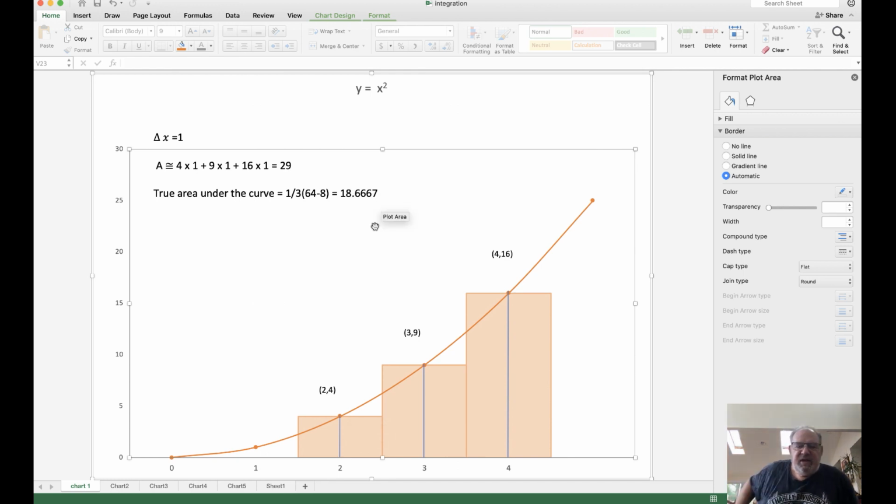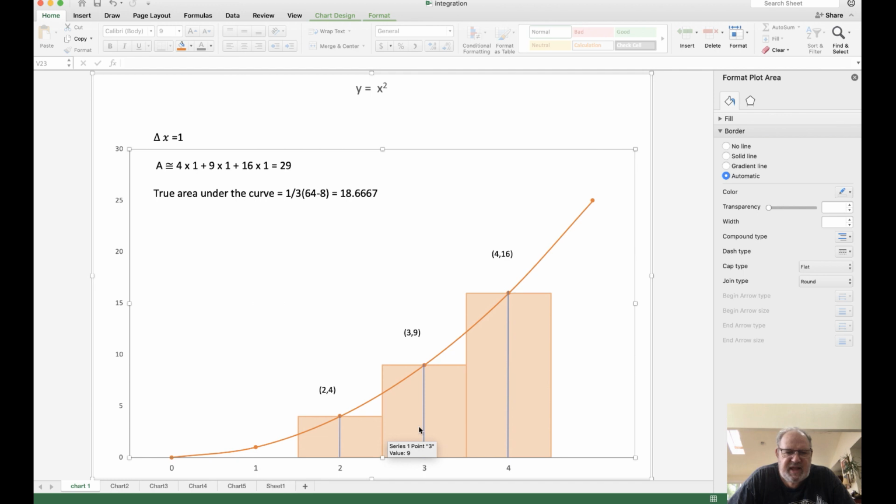However, if we change the size of delta x, or the base of the rectangle, you can see it's at let's say 1.5 to 2.5, and here 2.5 to 3.5. The delta x is 1.